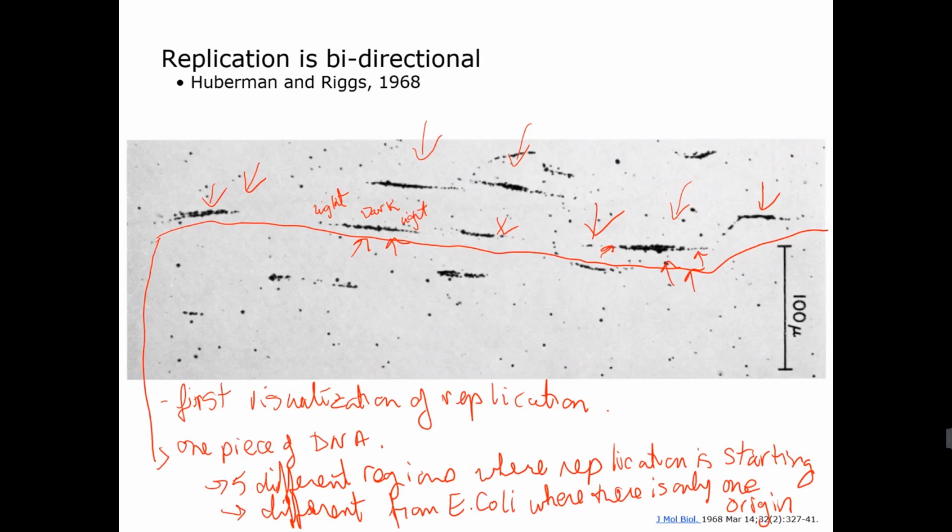Which are obviously physically separate places in space and at different times. So from a very simple experiment, we've introduced a lot of interesting mysteries that were then followed up in quite a bit of detail. And we'll delve into that later on in this lecture. Okay, so that's bidirectionality.